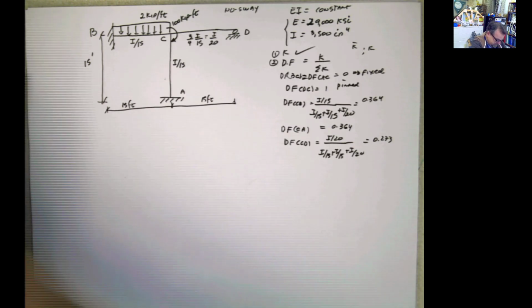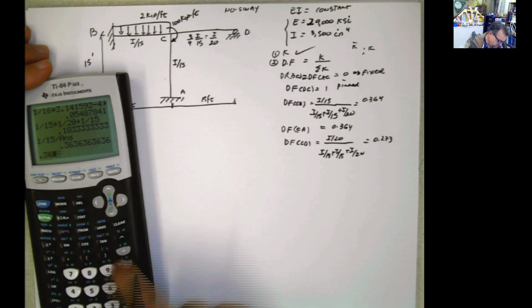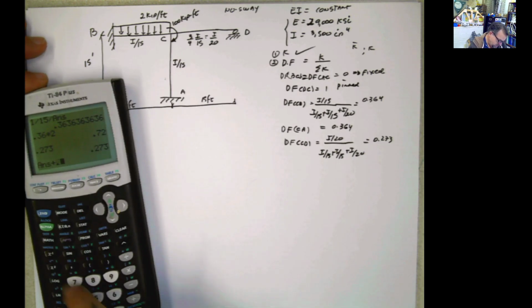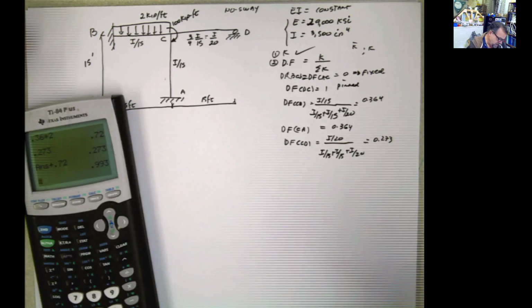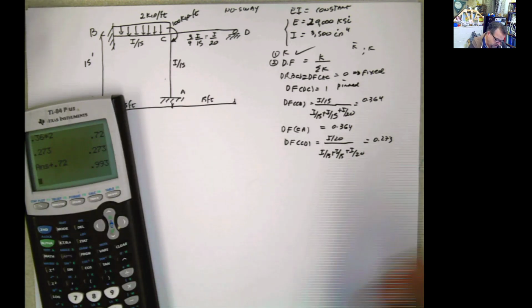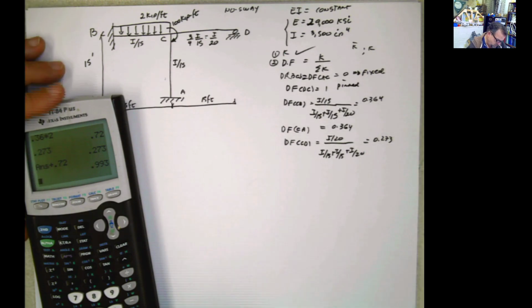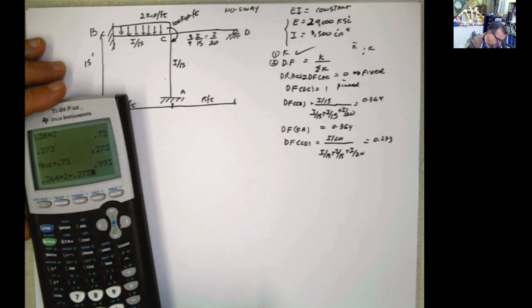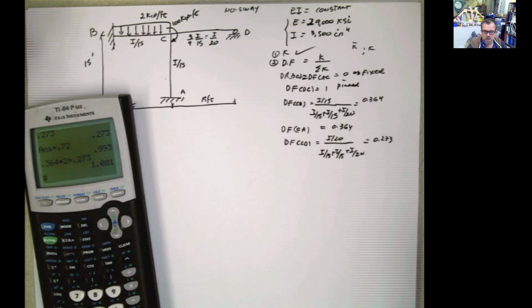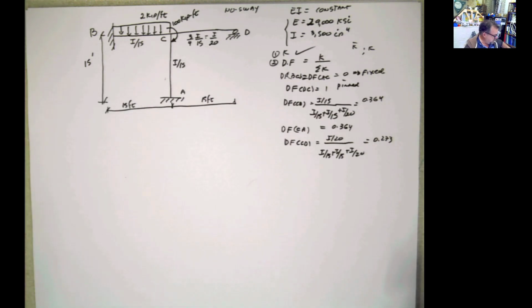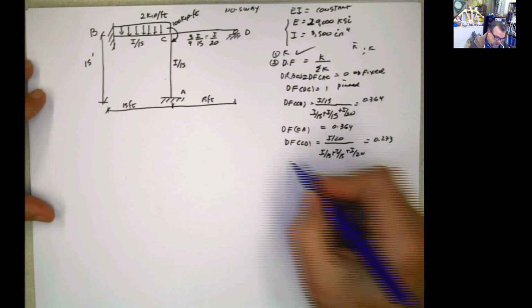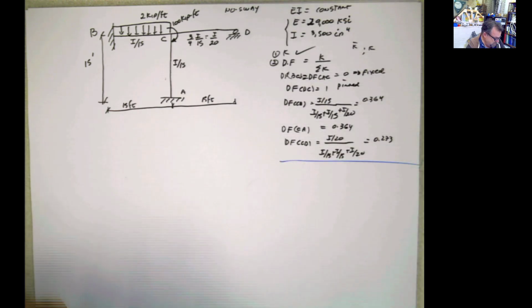Let's check: 0.364 times 2 plus 0.273 gives 1.001. That should be 1, but because we are rounding, that's where the errors come from. They are small errors, but you have to be able to identify whether those errors are real or whether you messed up.